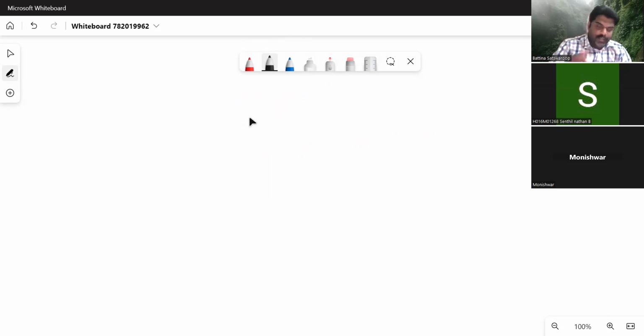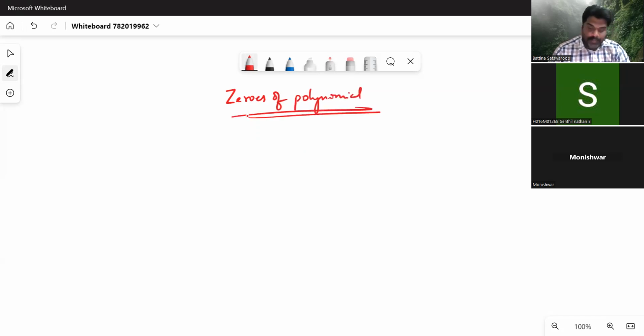Next. Also, there is something called zeros of polynomials. For example, the same question, f of x is equals to 2x. The meaning of zeros of polynomials is the value at which the function will become 0. So if 2x is equals to 0, so x value will be 0. Or for example, let us say f of x is equals to ax plus b.